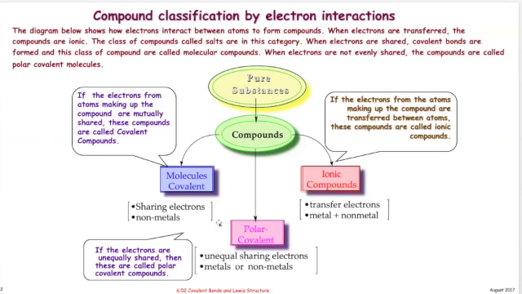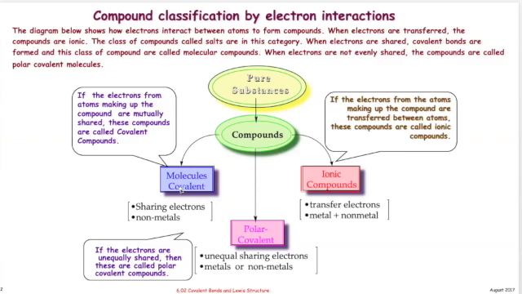Whenever you have two nonmetals coming together, they don't want to lose electrons. In fact, they want to gain electrons, but they're not going to lose electrons at the expense of the other gaining them. So they share electrons, and sometimes they're equally shared, and we have something called a covalent molecule.